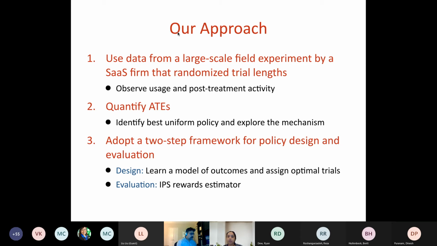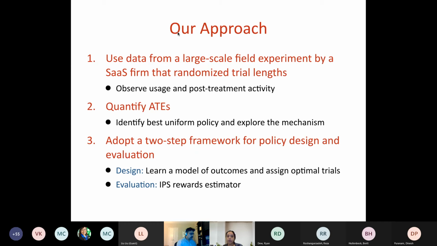And using this data, the very first step, very basic, is to look at average treatment effects of different trial lengths and then identify what I call the best uniform policy. So if you had to just give one trial length to all the customers, what would it be? And then spend some time understanding the mechanism through which trial length seems to affect outcomes.